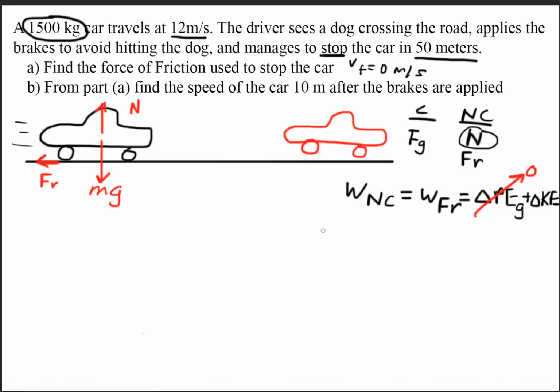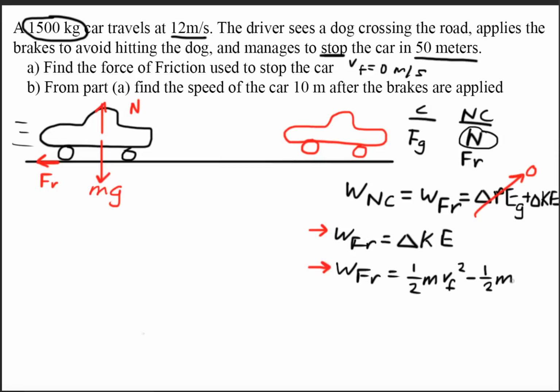Now, if we continue writing, we know the work done by friction is therefore equal to the change in kinetic energy. And if we continue to write this out even further, we know the work done by friction is 1/2 mv final squared minus 1/2 mv initial squared. Now again, let's take a look at this question.